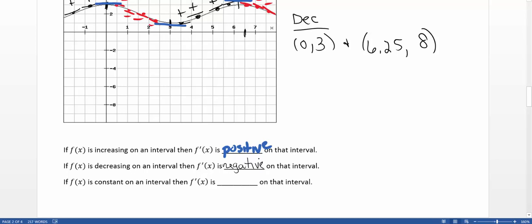And if f of x is constant, then we say that f prime of x is 0 on that interval. This is one of the most important sets of rules that we are going to look at to begin building our foundation of how functions behave graphically.